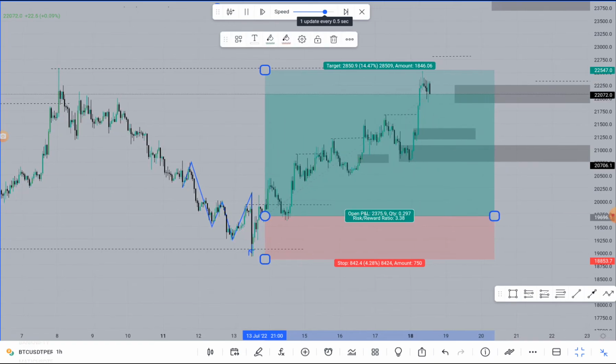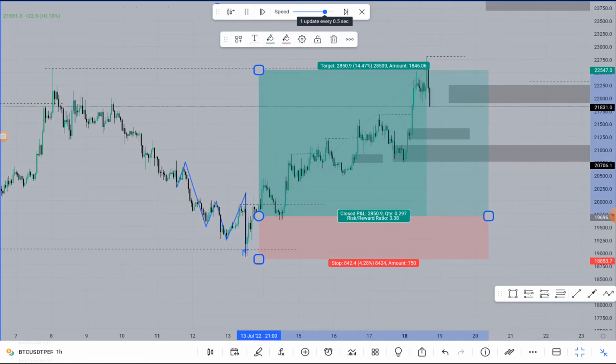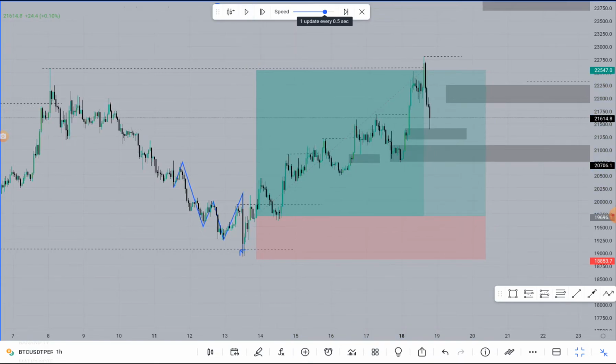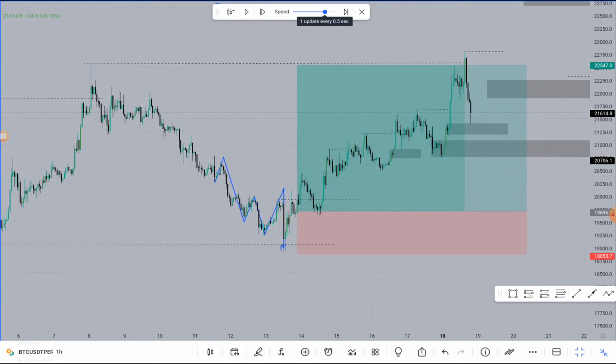You can see price has got into our take profit, and perfect. See how we easily made profit from this trade.